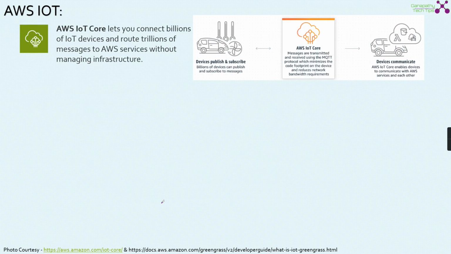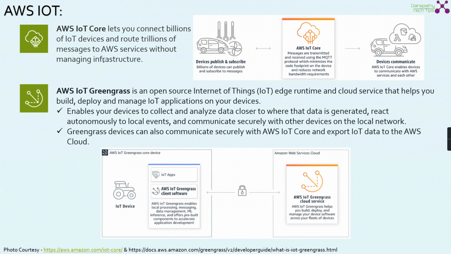Moving on to AWS IoT. These two features, IoT Core and IoT Greengrass, help you to integrate your IoT-based applications with the AWS ecosystem. As simple as it is, if you can see here, it's a smart car which is installed with IoT sensors and everything. Obviously this sensor data needs to be pushed into the AWS ecosystem.